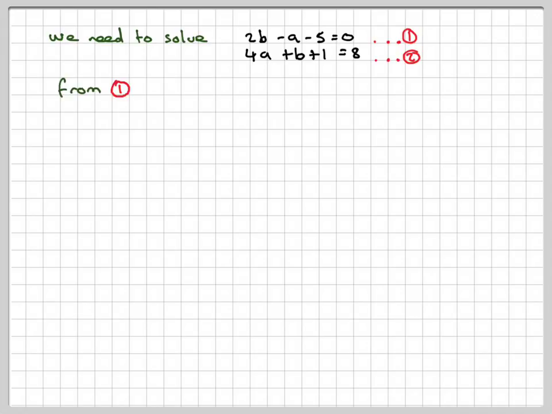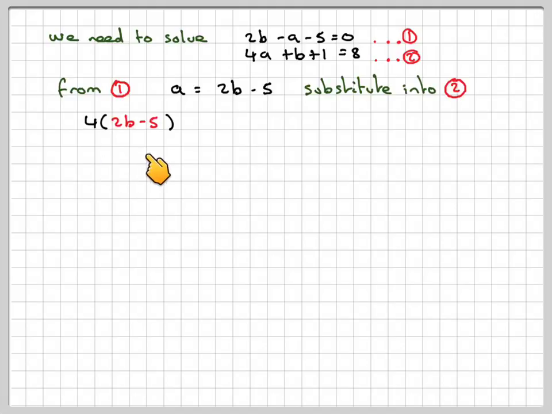From 1, I'm going to make a the subject, so a is 2b minus 5, and then substitute it into 2. We're going to get 4 times 2b minus 5, 4a, plus b plus 1 is equal to 8. So it's going to give me 8b minus 20, plus b plus 1 is equal to 8.